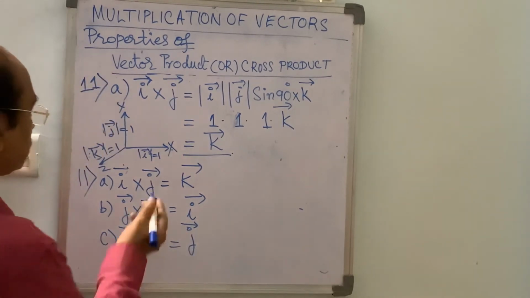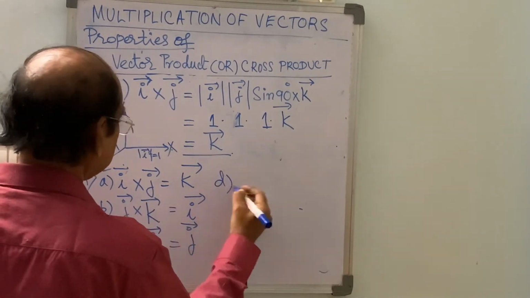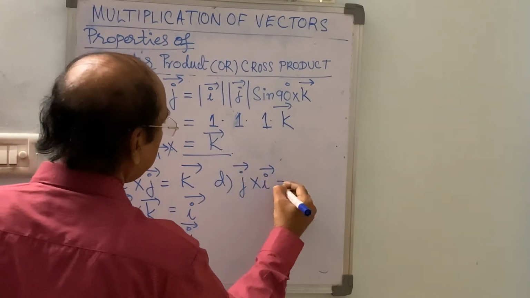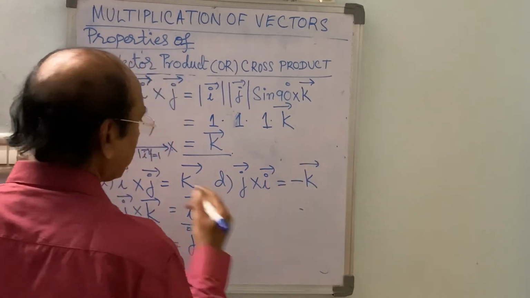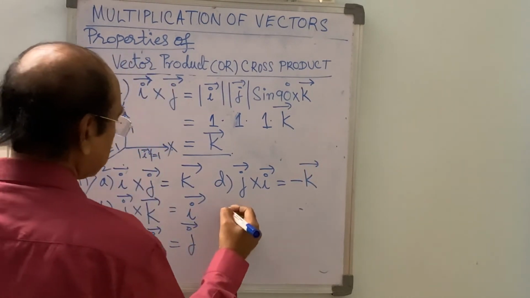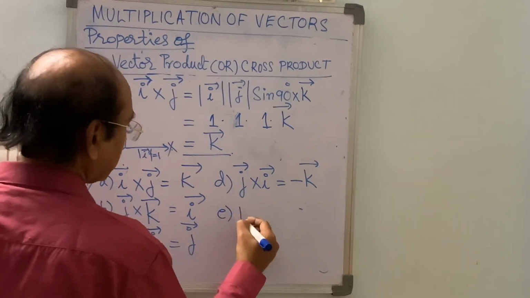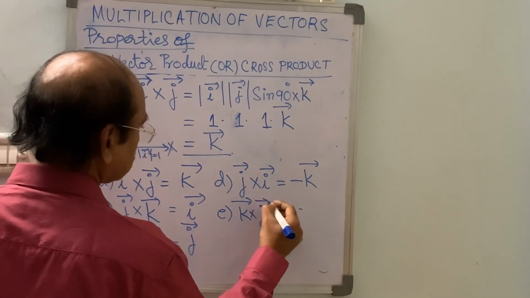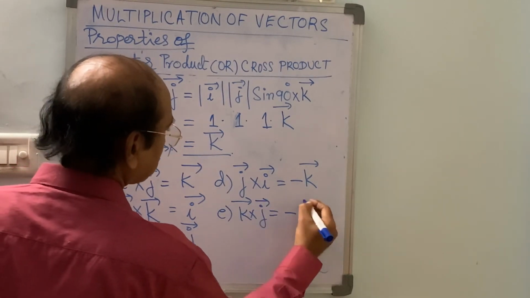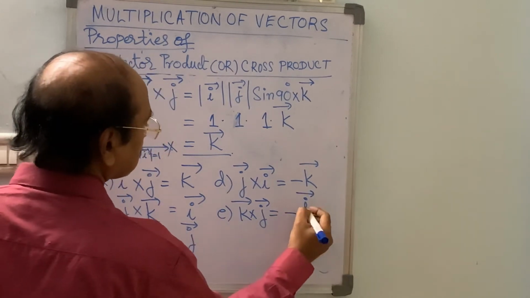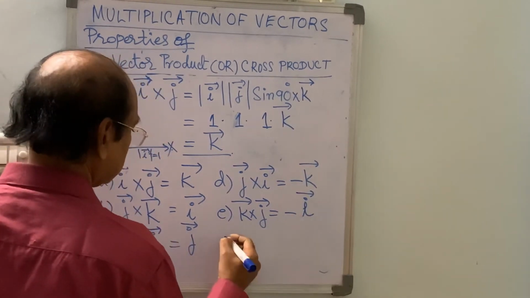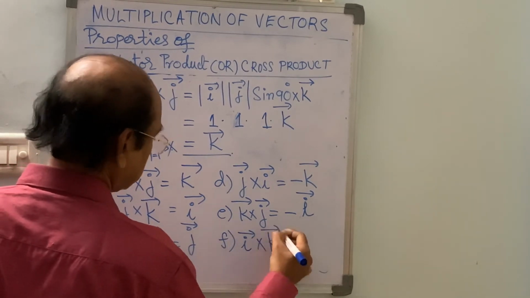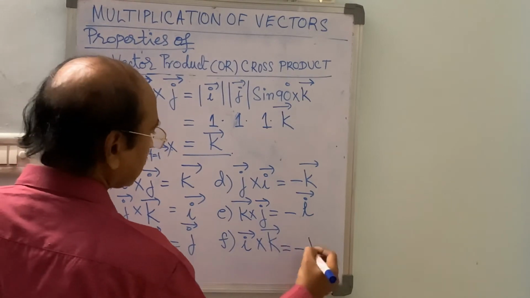And if we consider the reverse directions, then j bar cross I bar is equal to minus k bar, into the opposite direction, and k bar cross j bar is equal to minus I bar, and I bar cross k bar is equal to minus j bar.